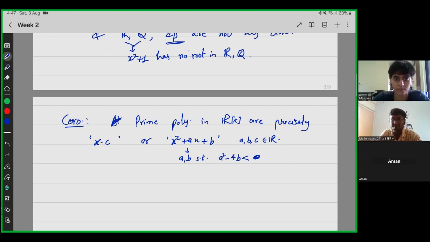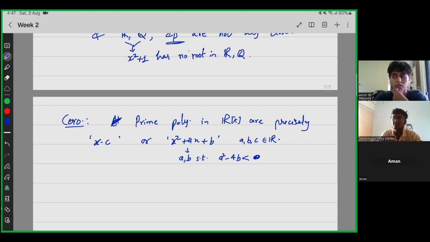Take some polynomial like x square plus 1 in Q. The splitting field for x square plus 1 over Q will be different from C.